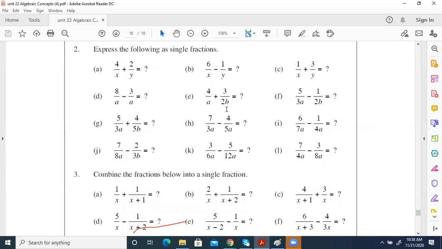Usually it says the LCM is 6, the LCM is 20, whatever. But now you have some variables.